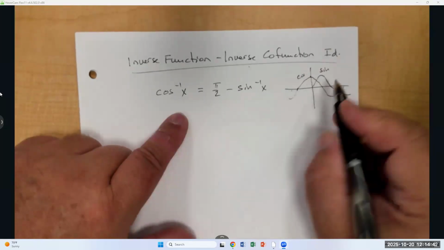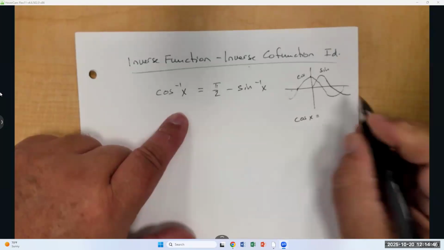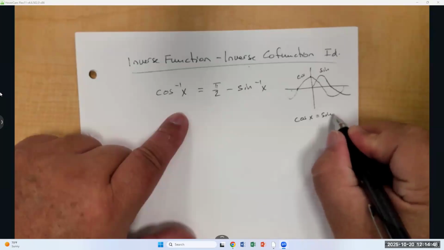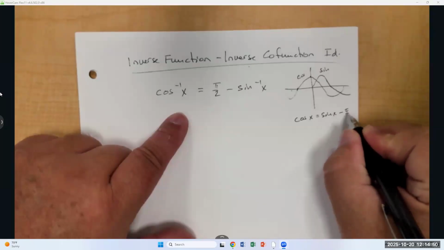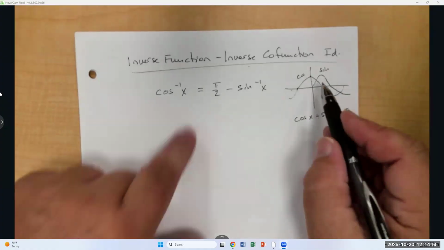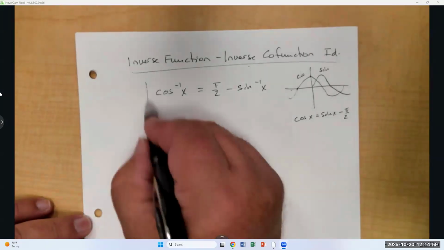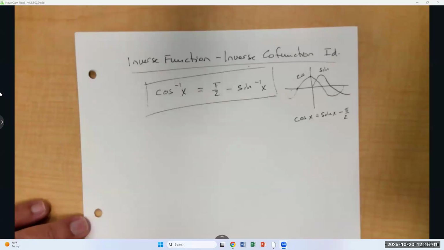So sine and cosine are nothing more than cosine x equals sine of x minus pi over 2, or you could say pi over 2 minus sine x, it'll shift it to the left. So that's what this is saying. It works the same with cofunctions.